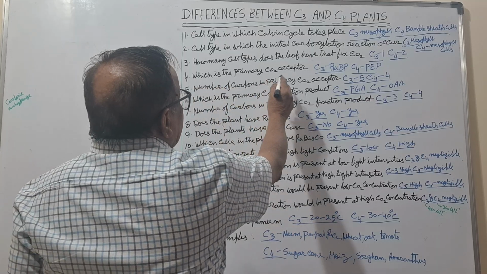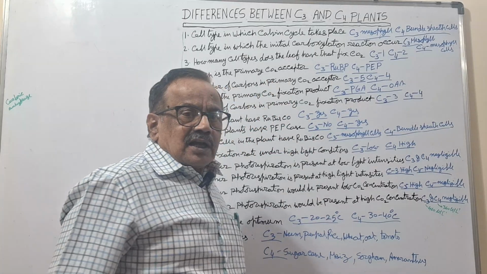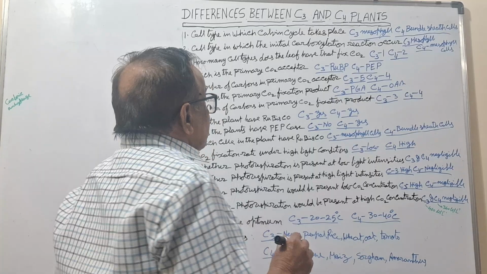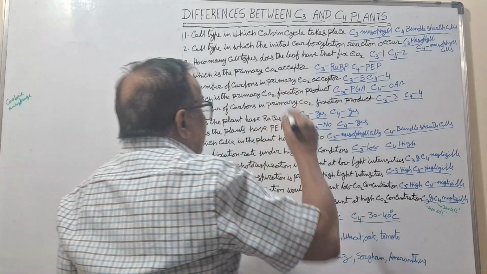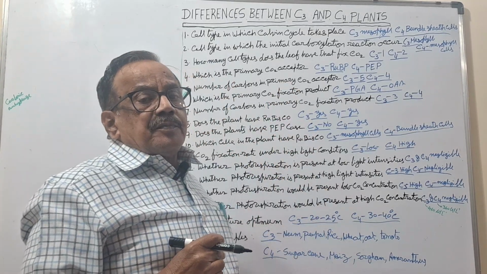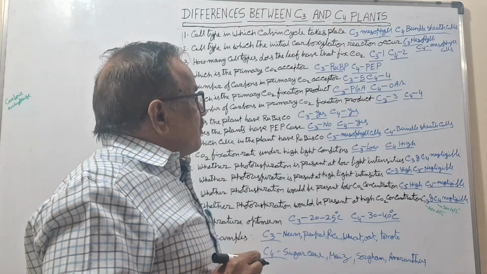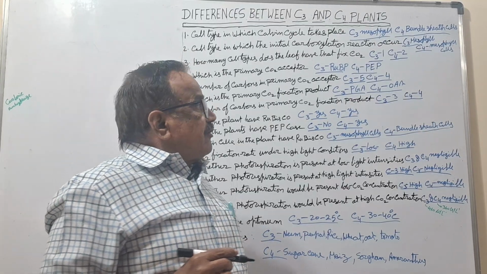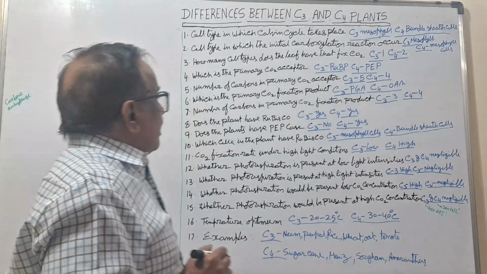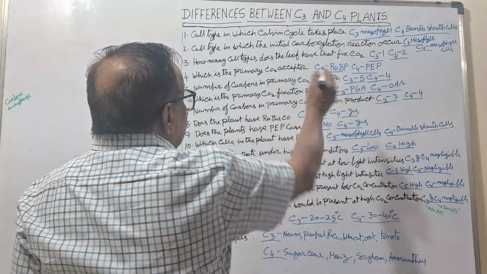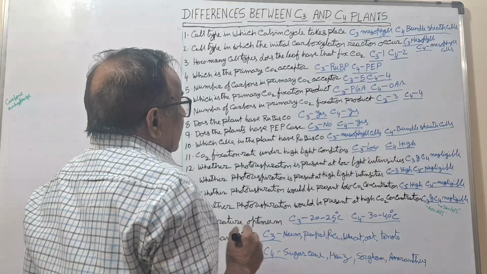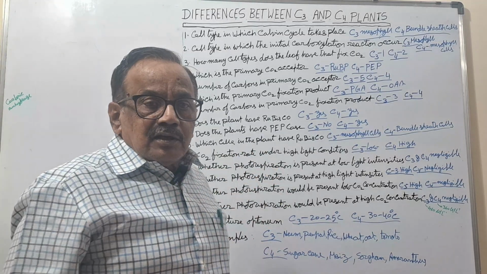Which is the primary carbon dioxide acceptor? In the C3 plant it is RuBP, ribulose bisphosphate, whereas in the C4 plant it is phosphoenol pyruvate, PEP. Here he can ask one more thing.